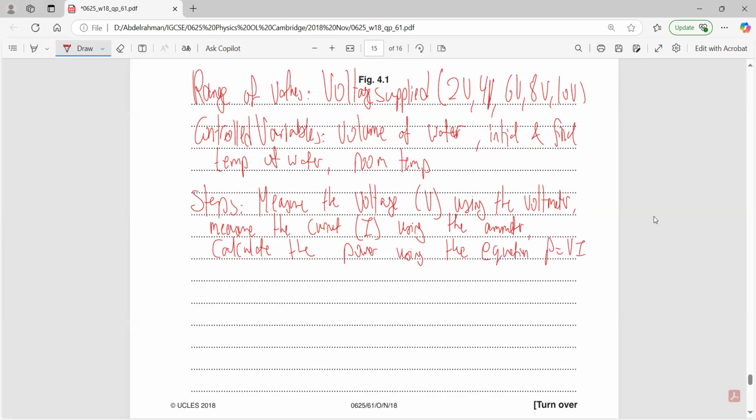That's it. These are the steps. Yes, these are the steps.